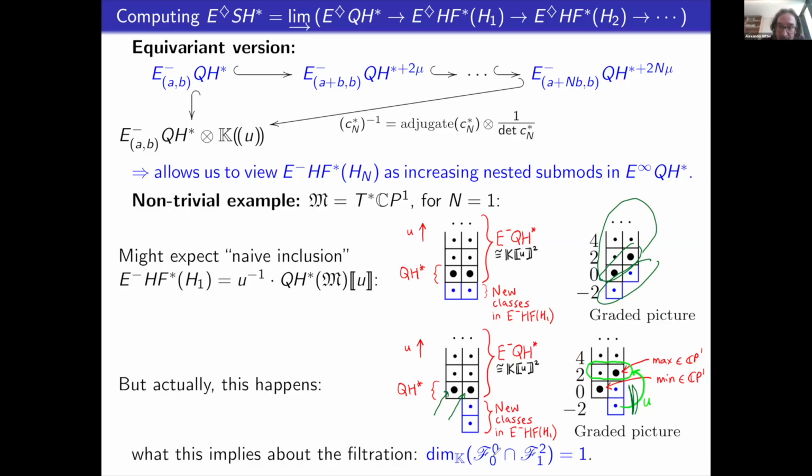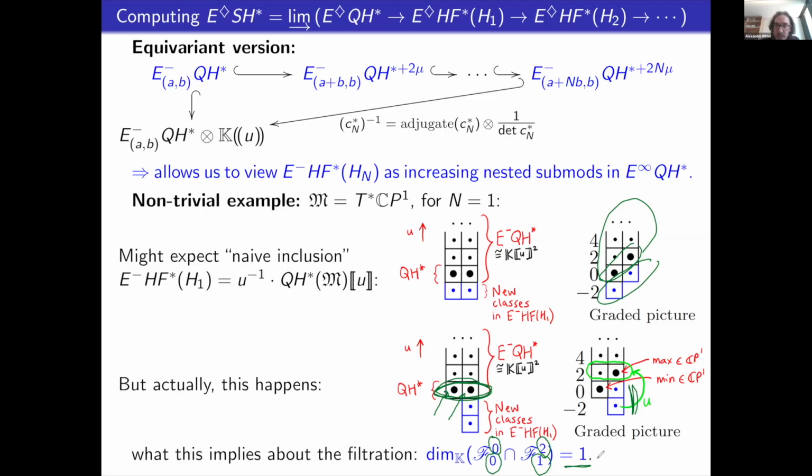So here, this filtration, remember this bottom index is telling us what slope we're at. So slope 0 means we're just doing classical cohomology. And here, the power on top tells us how divisible we are by U. So this F00, we're looking at just these two classes, the classical quantum cohomology with no powers of U. And here, this intersection, we're asking, when I go to slope 1, so when I've increased my Hamiltonian to go to slope 1, which of those classes have become U squared divisible?